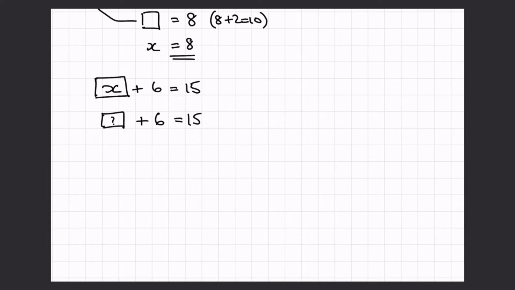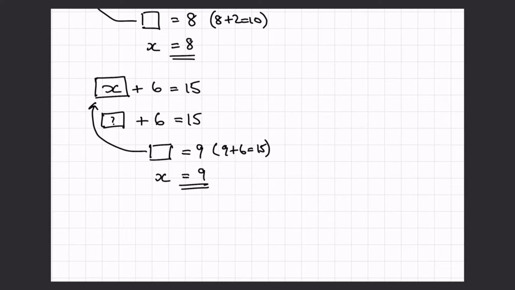And of course, hopefully you'll be saying, well, that must be 9, because 9 add 6 is equal to 15. And because we've replaced x with the box, x is equal to 9. And there is our solution to the equation x add 6 is equal to 15.